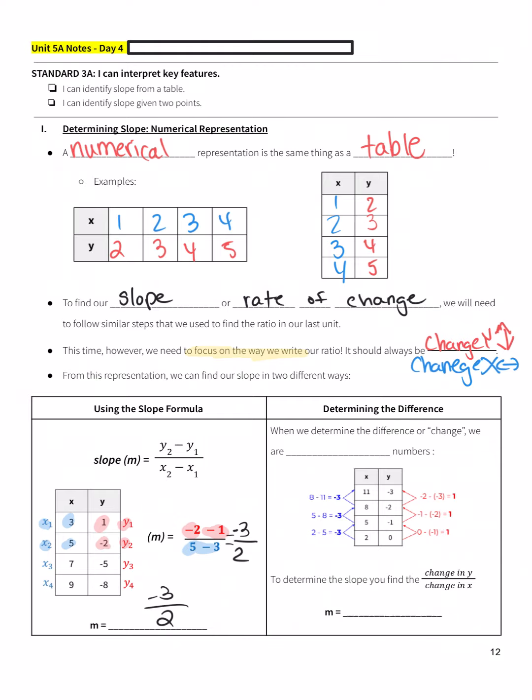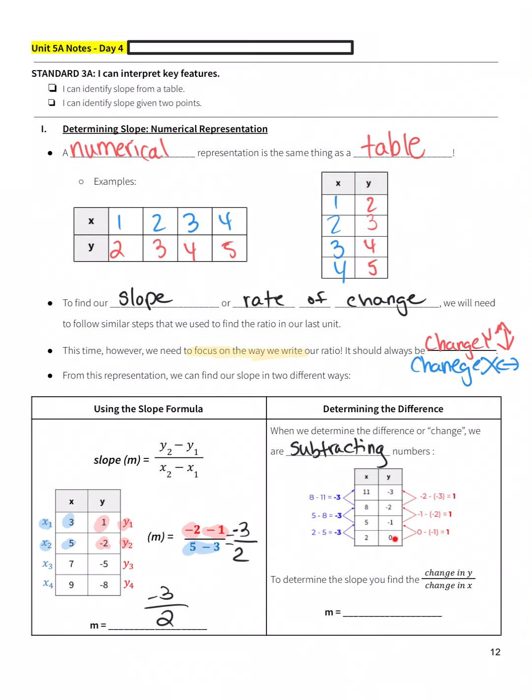Okay, so now we have another way, determining the difference. When we are determining the difference or change, difference and change, same thing, we are subtracting numbers. So what we do is instead of labeling our points like this, we find the difference between each point. And we start here on the bottom.